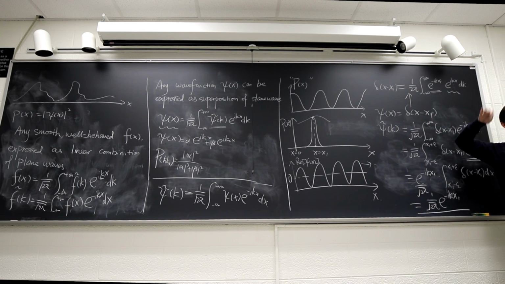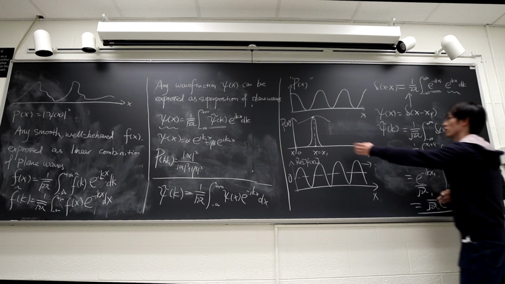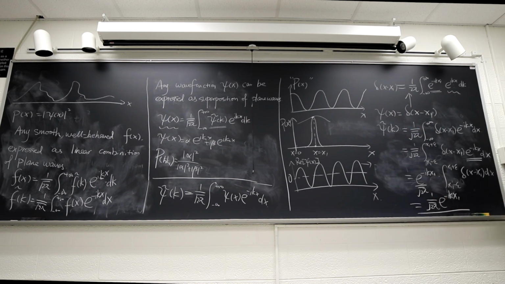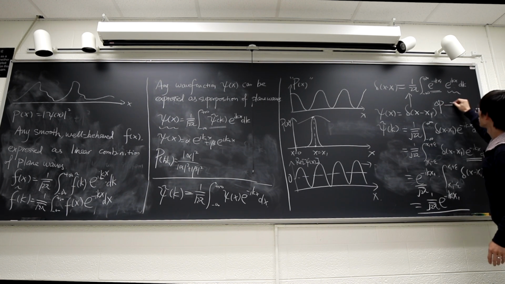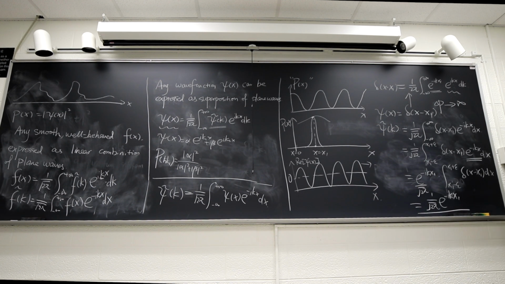It has a complex phase, but the amplitude is always 1. So for this wave that looks like a delta function, you have equal probability of finding any momentum. If you want to measure this momentum and that momentum, the probability of seeing them is equal. So that's a mathematical proof that the uncertainty of momentum goes to infinity.